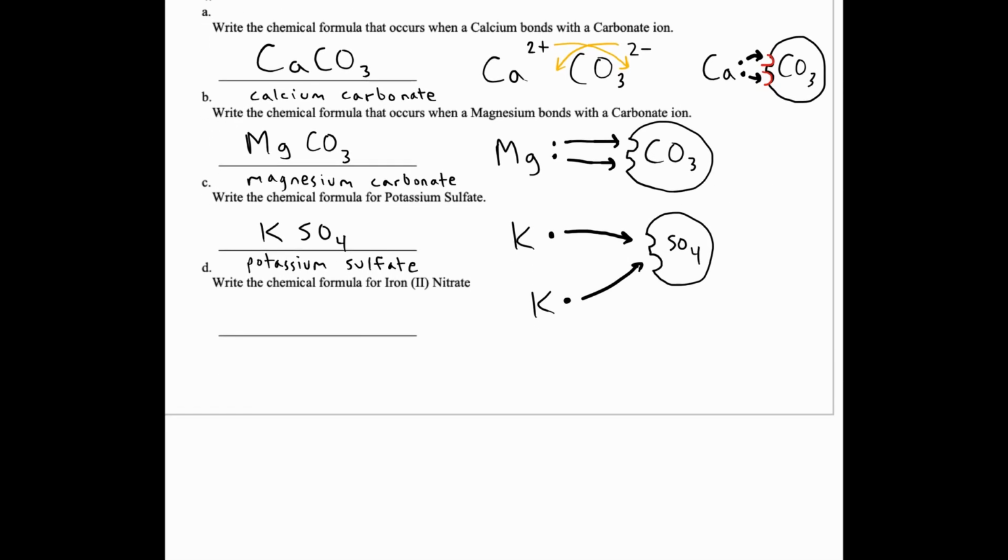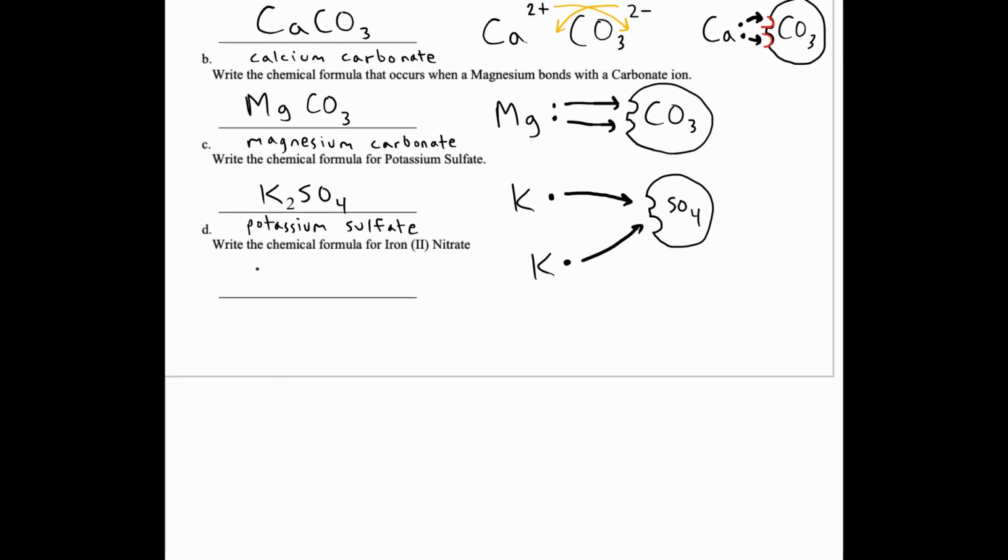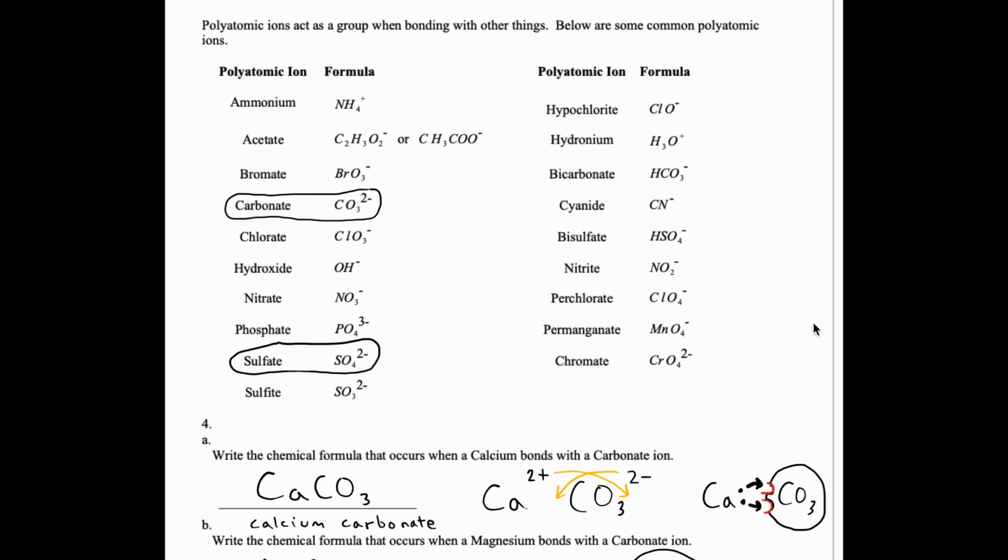And one last example. We want to write the chemical formula for iron 2 nitrate. Now the Roman numeral 2 means that this is an iron that's going to donate 2 electrons. If you look on the table, you see that nitrate only really wants to accept 1 electron.